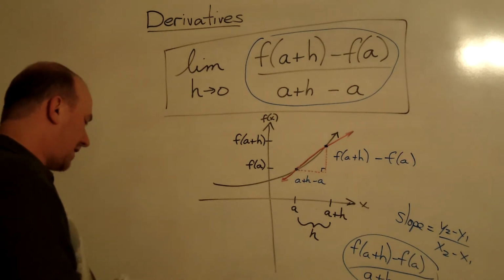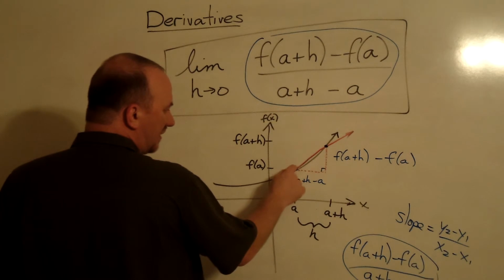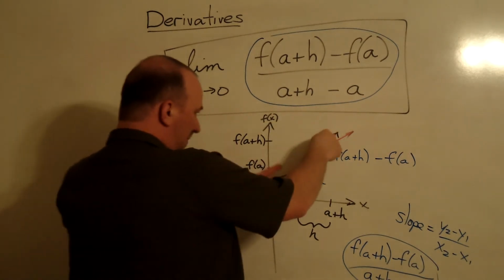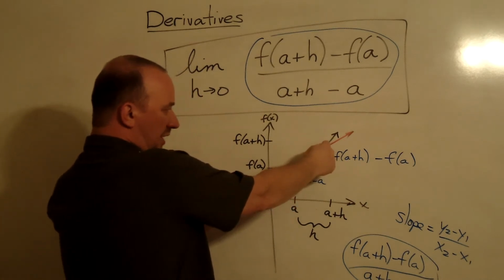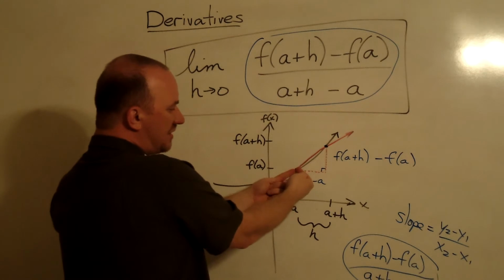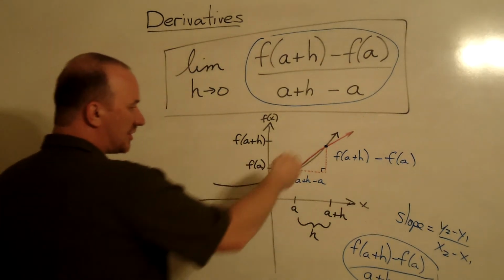Now how does the derivative come into play? What we're trying to do is find the slope of the tangent line at that point. So what's going to happen is we're going to slowly bring this point in to get closer and closer to this one till it really becomes that point. They're superimposed on top of each other.